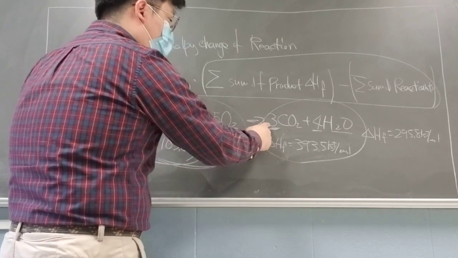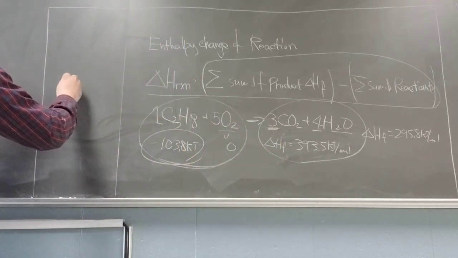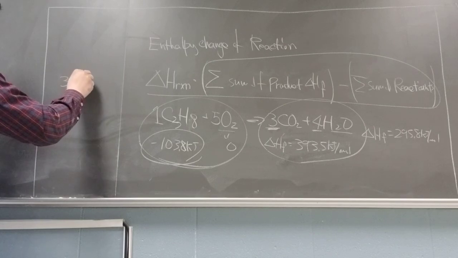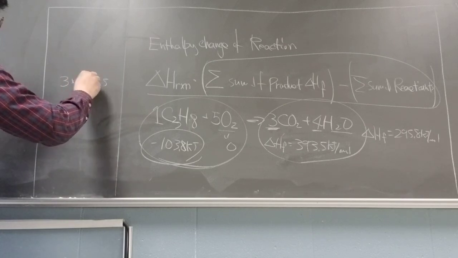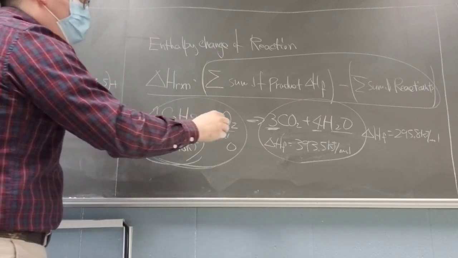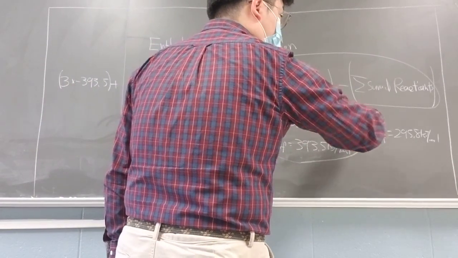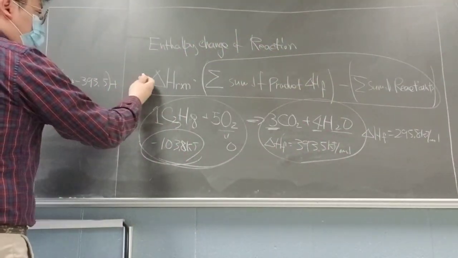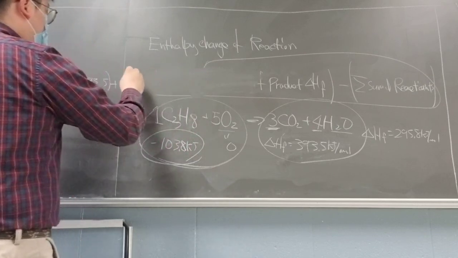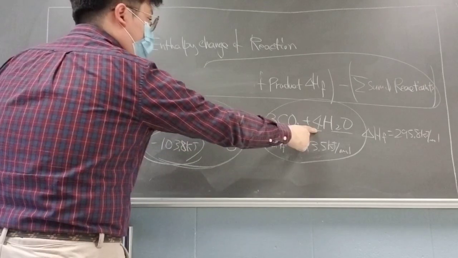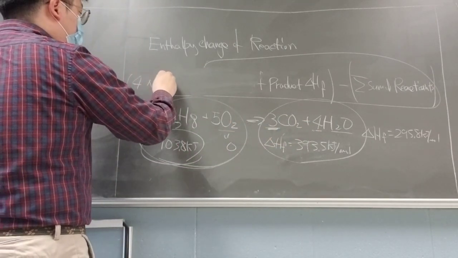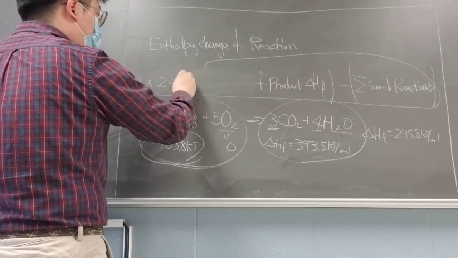So it'll be 3 times this number, and we're going to add this number to it because they're both products. So 4 times 295.8.